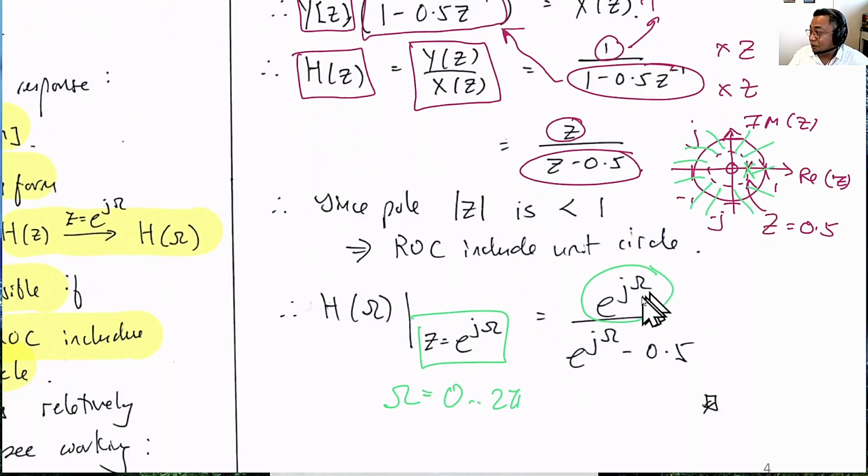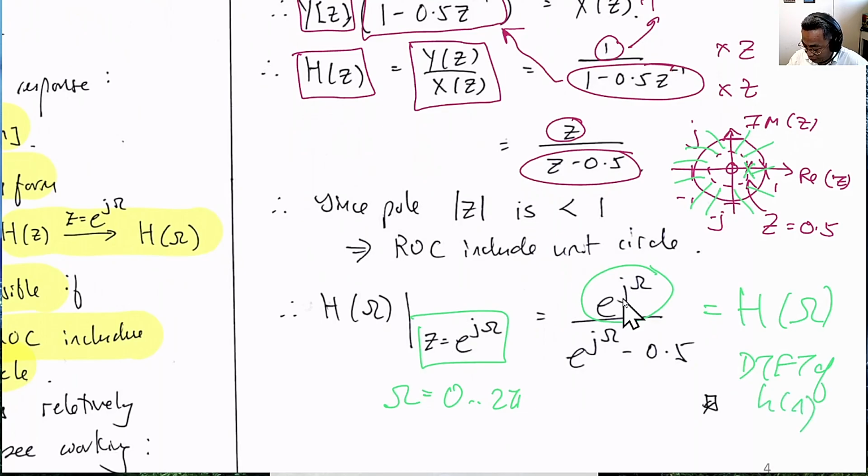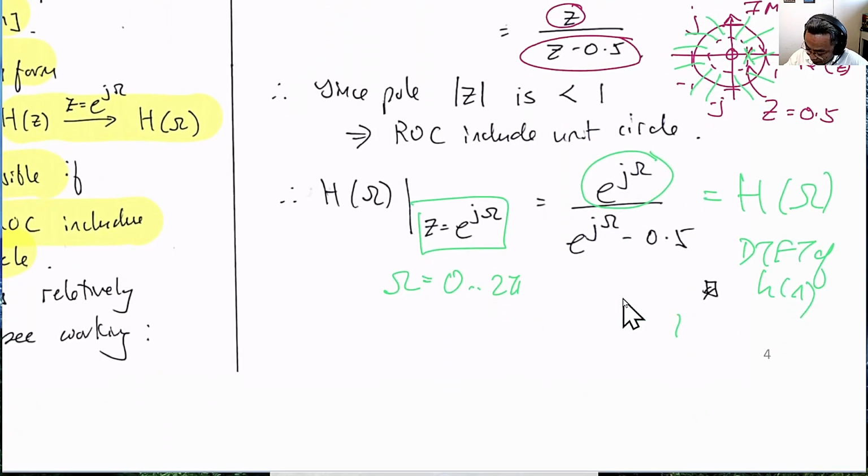And we can of course compute, so we just substitute z equals 1 e^{j omega}, and we get H of omega. And this is the DTFT of h[n], or actually we can call this the frequency response of the system H(z).